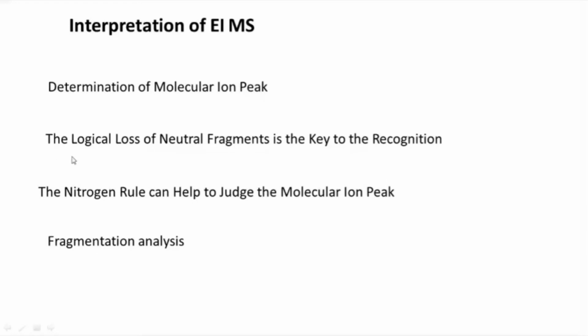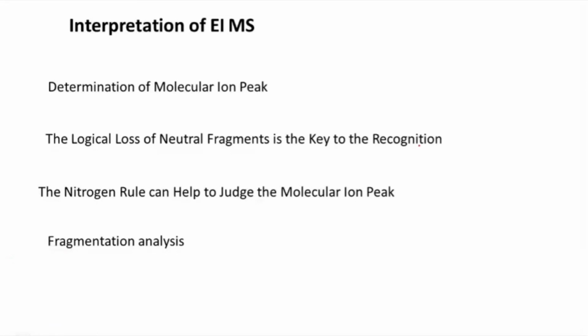Second is logical loss of neutral fragments to obtain the fragment ion sequence. Third, the nitrogen rule has to be applied. Fourth is fragmentation analysis. These are the 4 steps that we always apply to obtain a logical conclusion in spectral analysis.